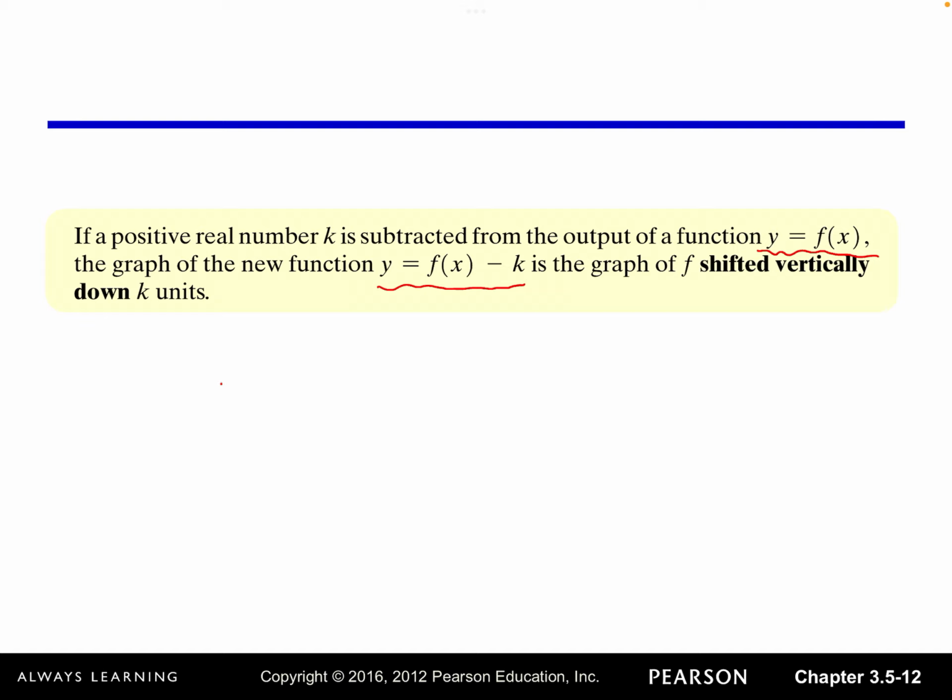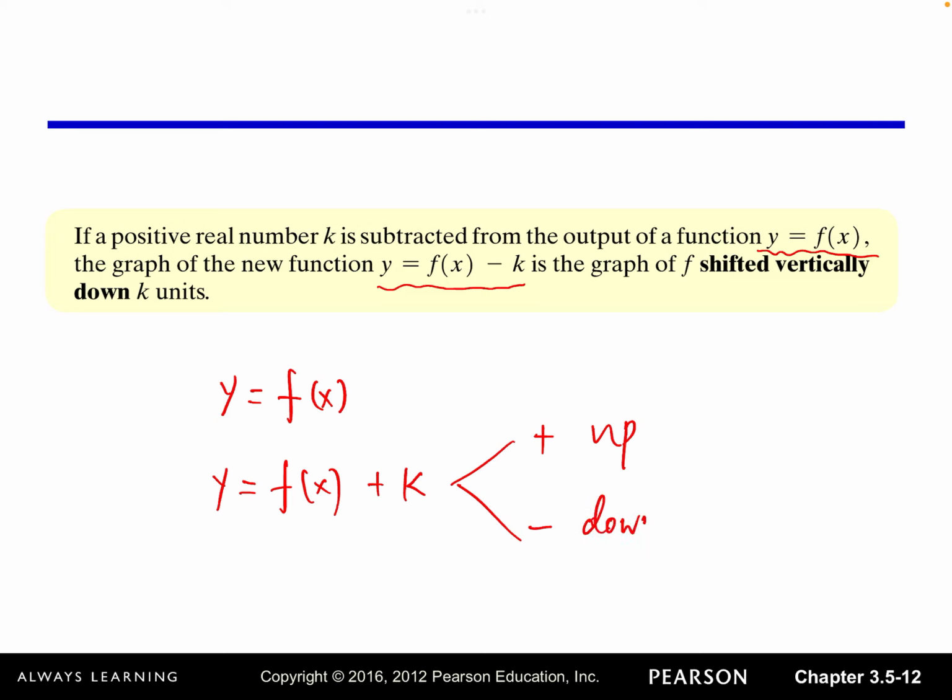Okay, or we can write it together: y equals f of x, we know this function's graph, and the new function's graph is y equals f of x plus k. You can just summarize: if k is positive, vertically shifting up; if k is negative, vertically shifting down. Let's combine the two together.